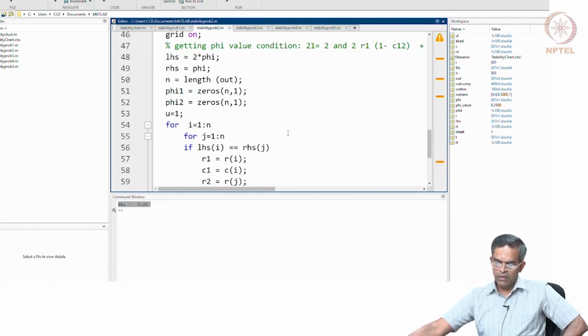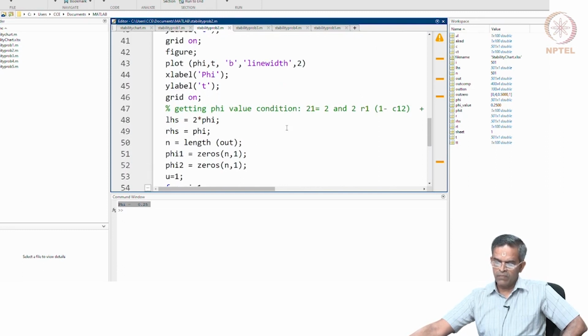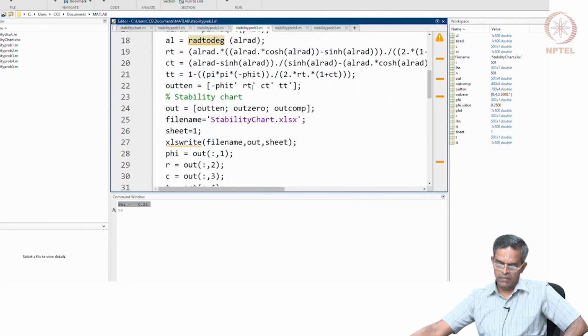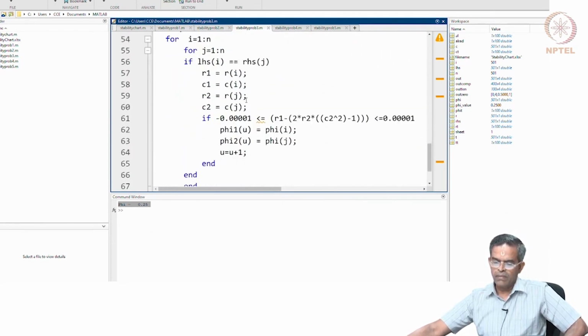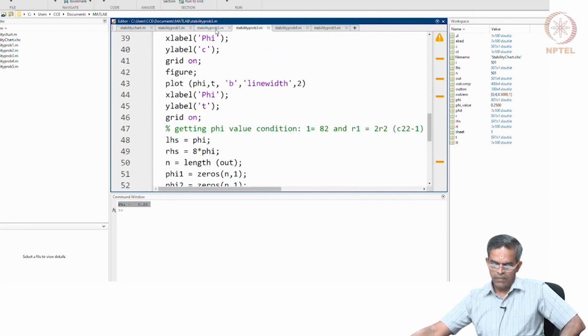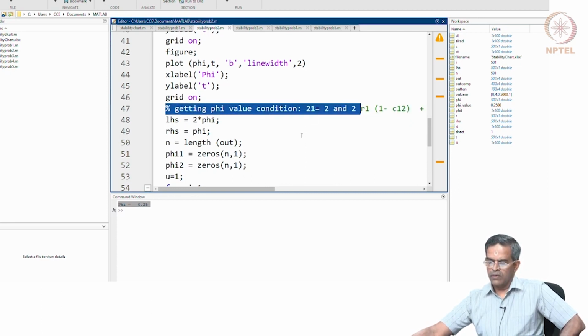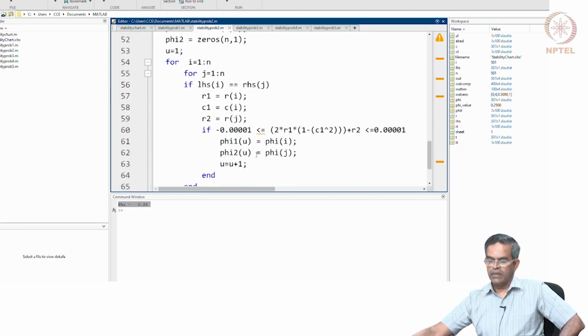so again the same plot, but I am going to show you the control equation. The control equation what we had is 2R1 (1 minus C1 square), okay, plus R2 is 0, isn't it?